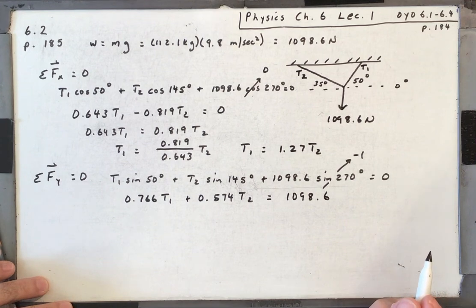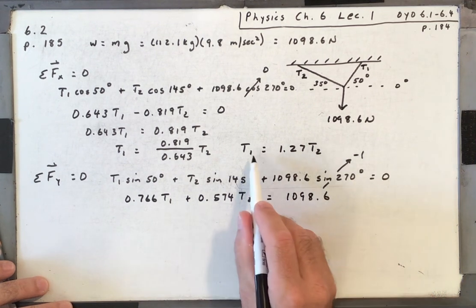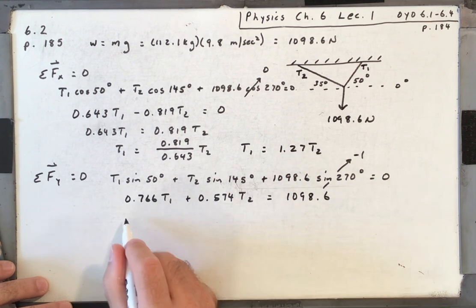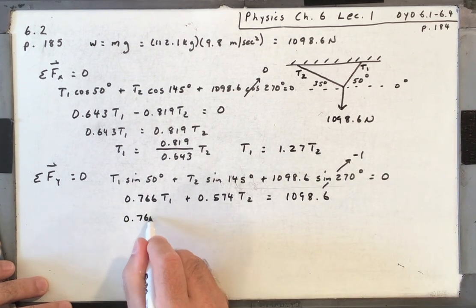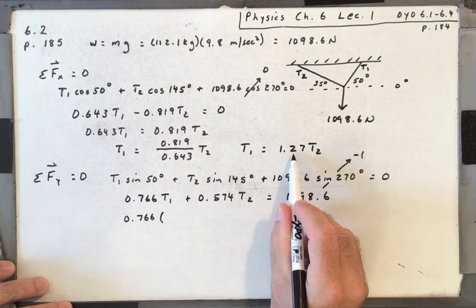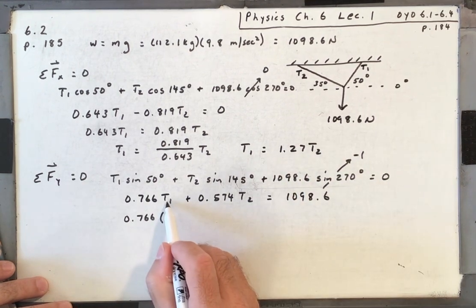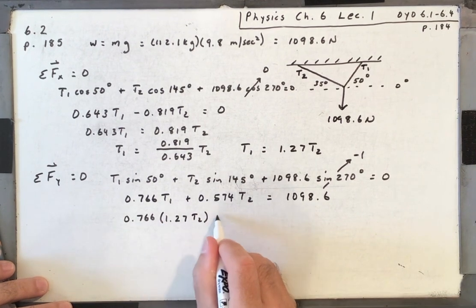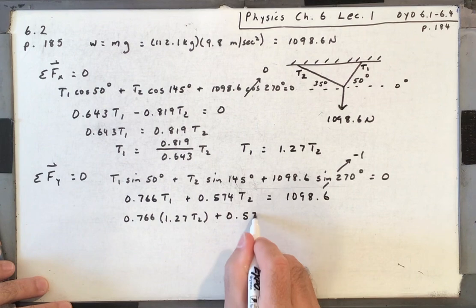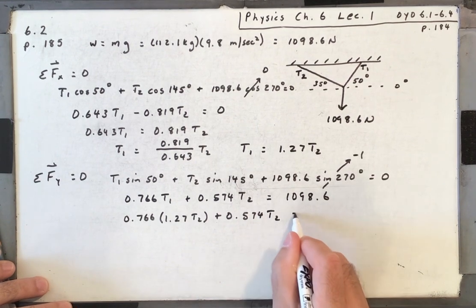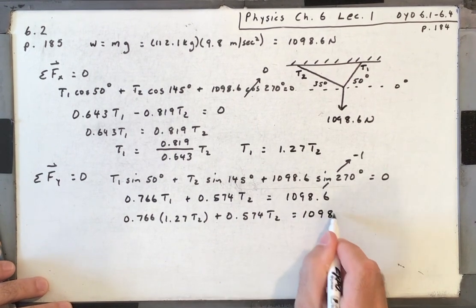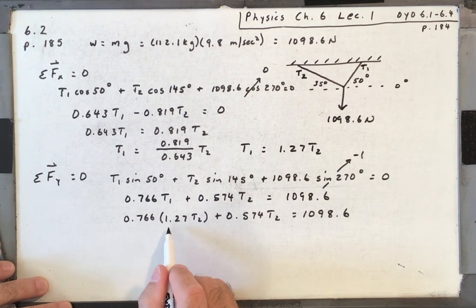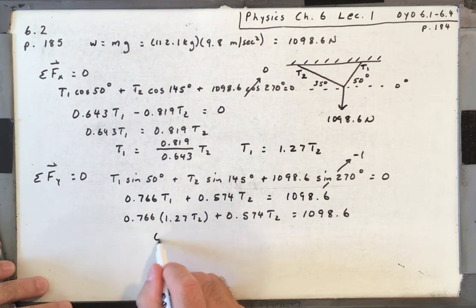1098.6. Now I'm ready to do a substitution because we know that T1 is equal to 1.27 times T2. So we have 0.766, and I'm going to substitute 1.27 T2 in here for T1. So plus 0.574 T2 is equal to 1098.6. So 0.766 times 1.27 would be 0.973.